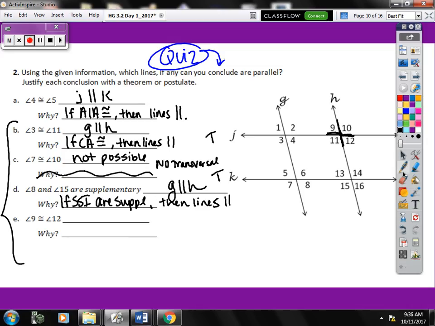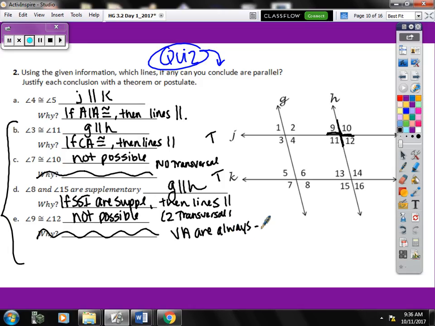They also never touch K, which would be the parallel line, or G, which would be the parallel line. So this one is not possible. Technically there are two transversals, and they don't touch a pair of parallel lines. Okay, vertical angles are always congruent. You don't need parallel lines to have that.